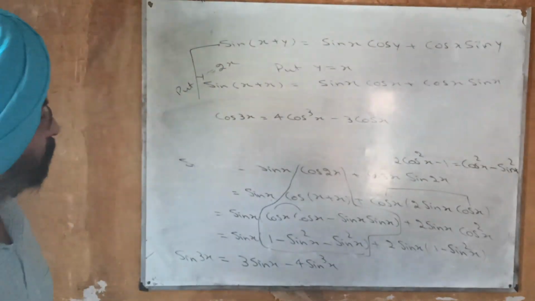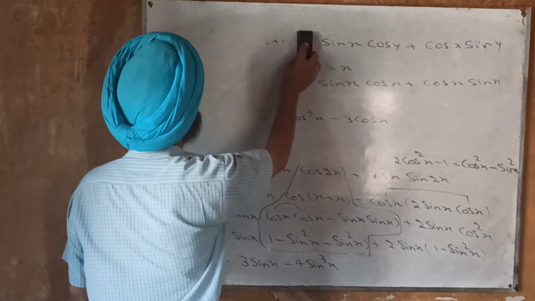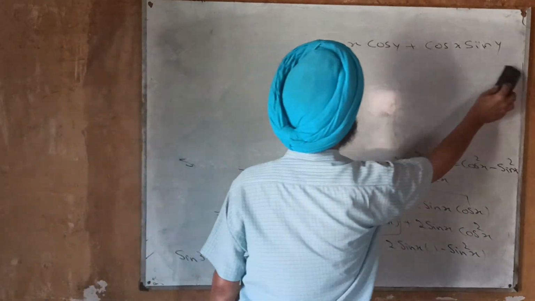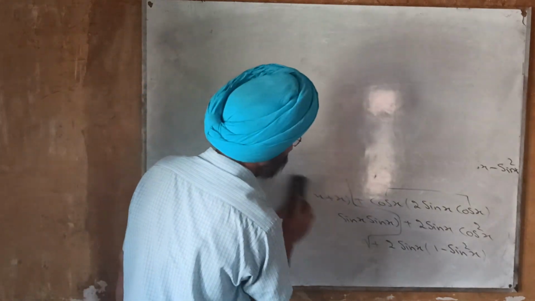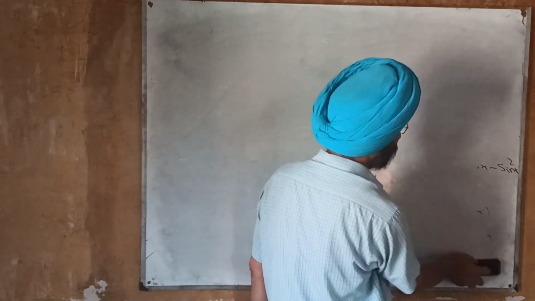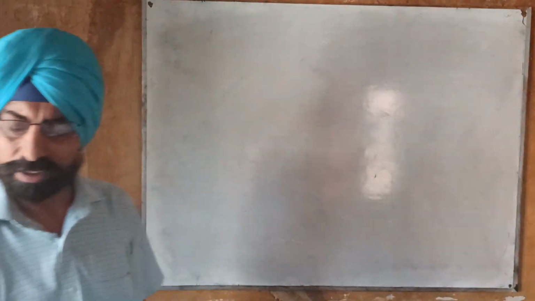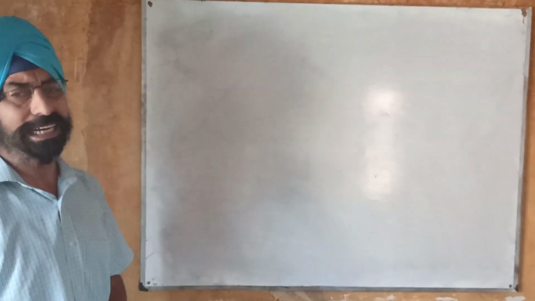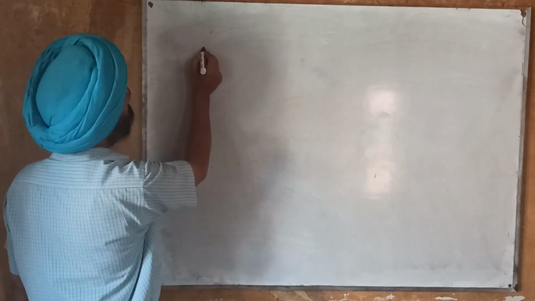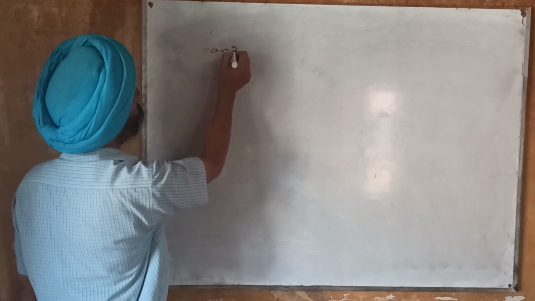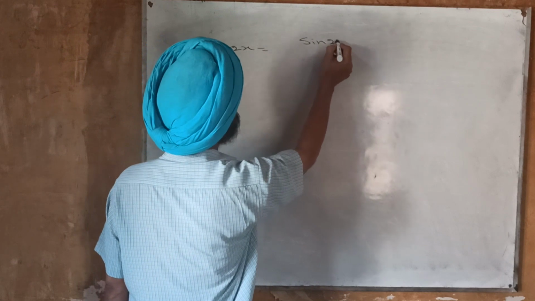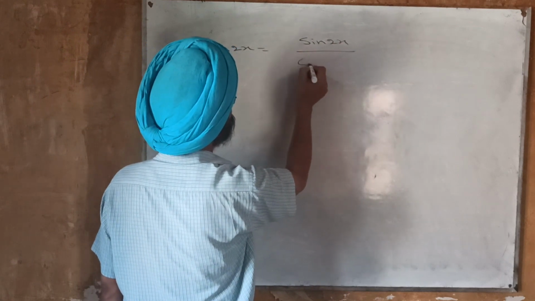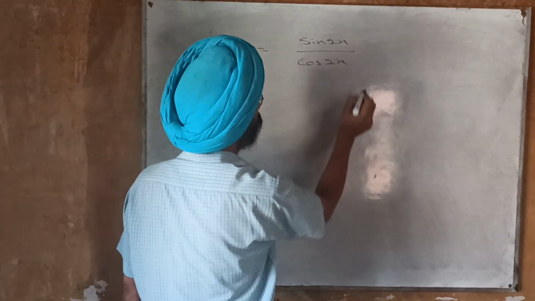Now we move on to the formulas for tan 2x and tan 3x. For tan 2x, we know that the trigonometric function tan is the quotient of sine and cos. So tan 2x can be written as sin 2x over cos 2x.